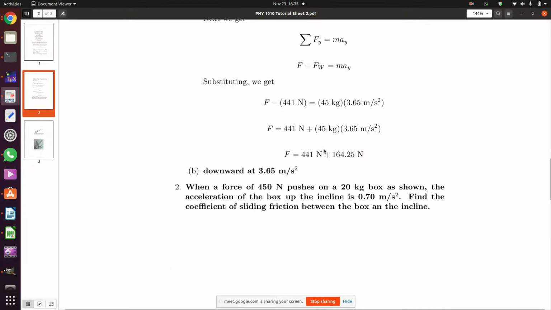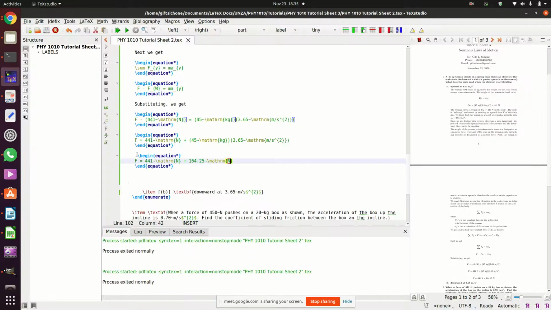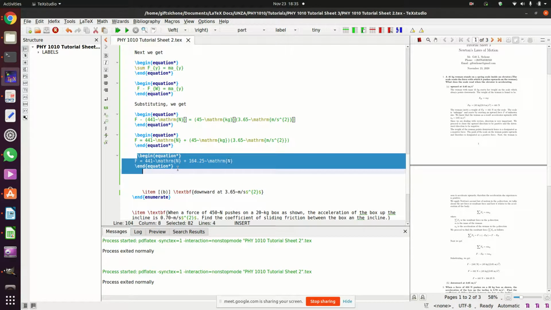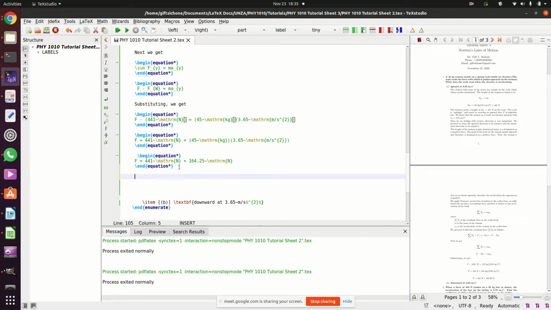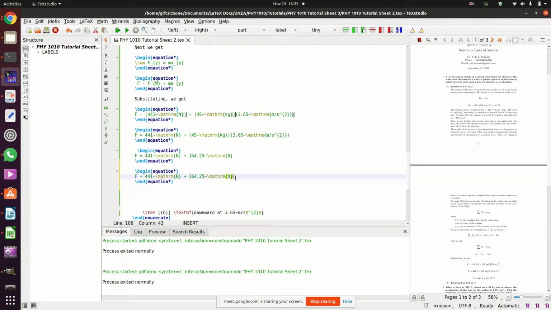So this is what we end up with. We end up with F is equal to 441 newtons plus 164.25. How much does it give us? Just a minute.